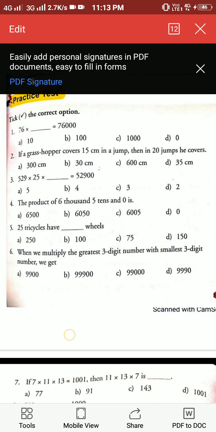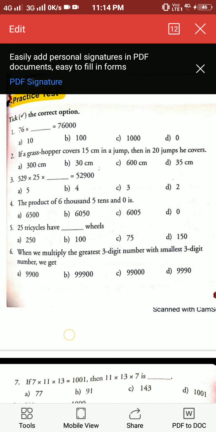It means you have to do full practice of unit 5. I hope you all have done. I know that my students are very intelligent. They all have done unit 5.